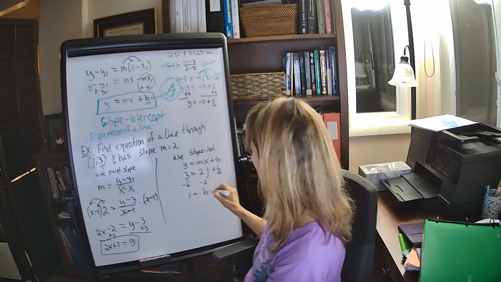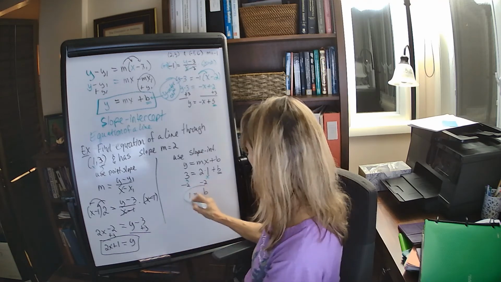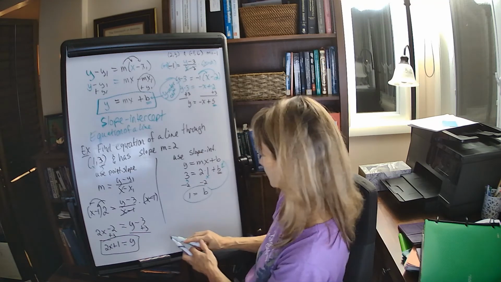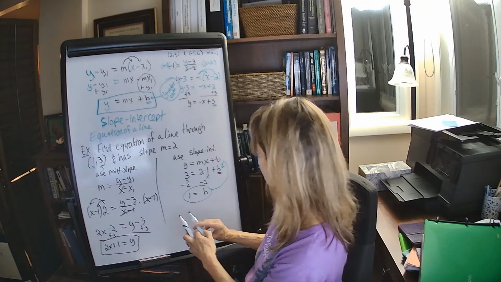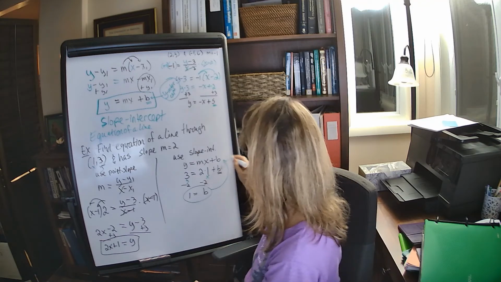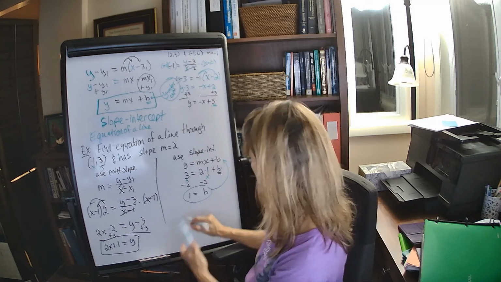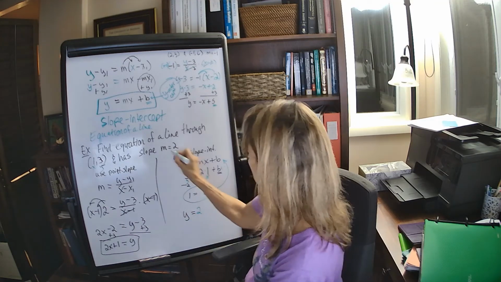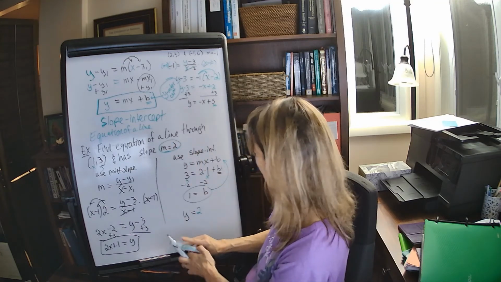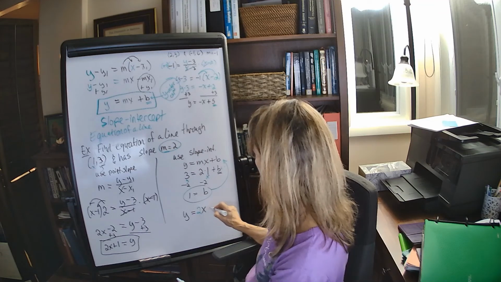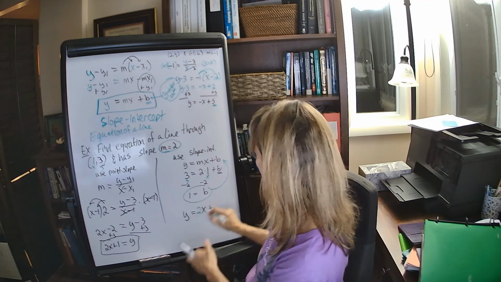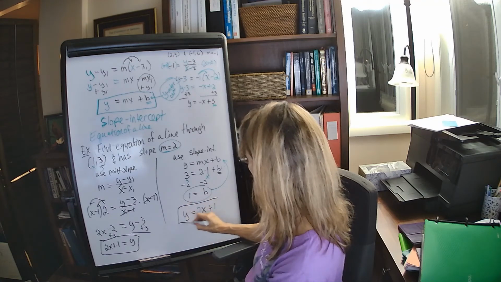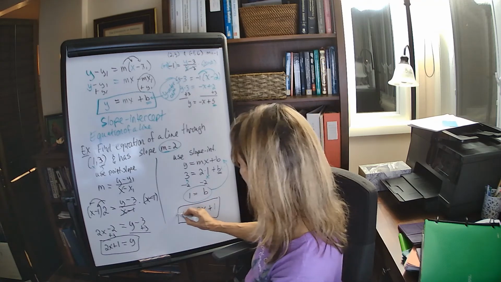And then we use that b back in the equation here, substituting in m. So we say y is equal to the 2 that comes from the original problem, x, plus the 1 that we solved for. y equals 2x plus 1.